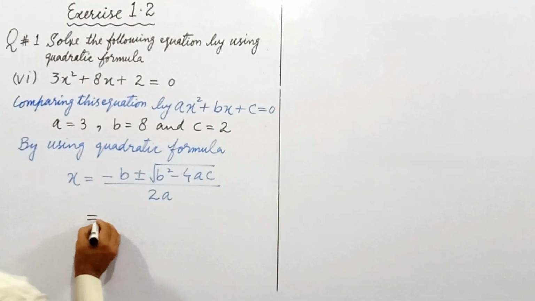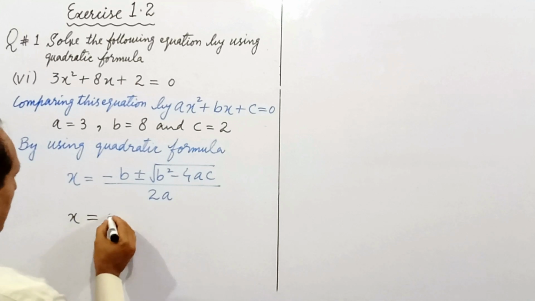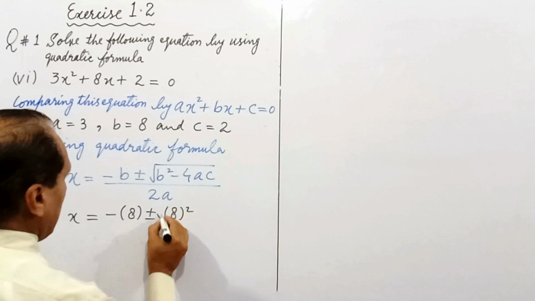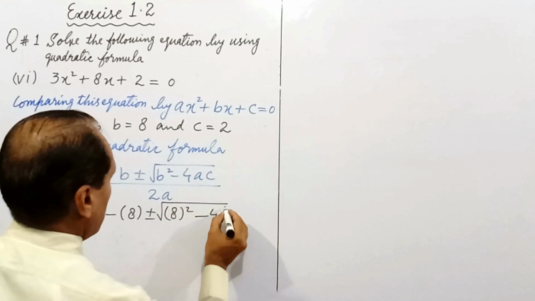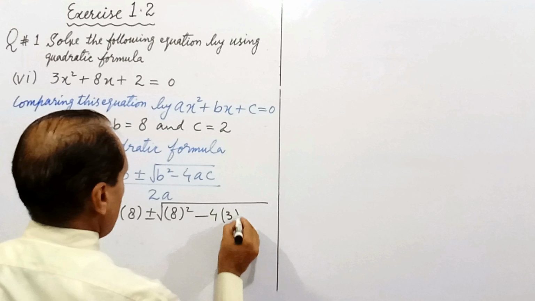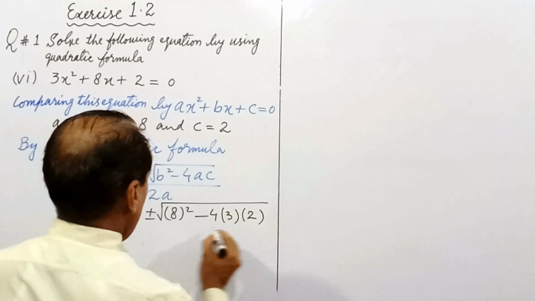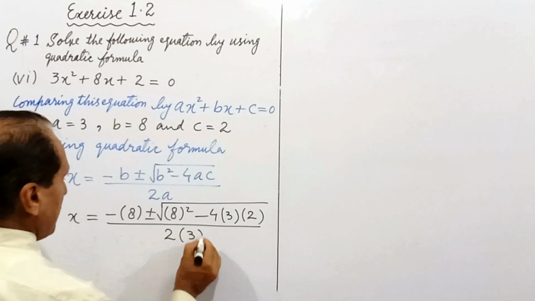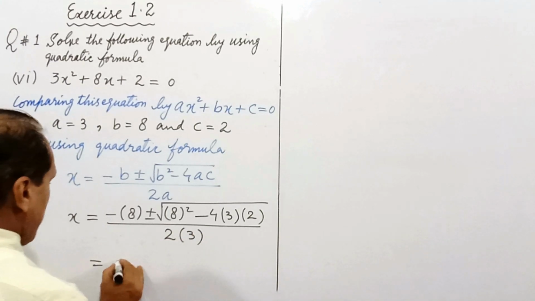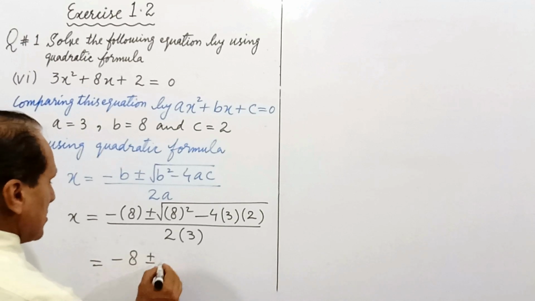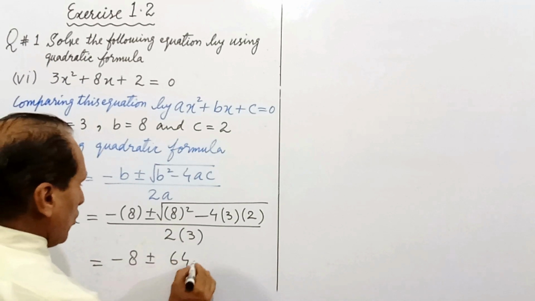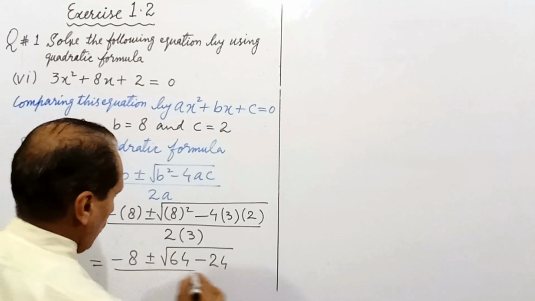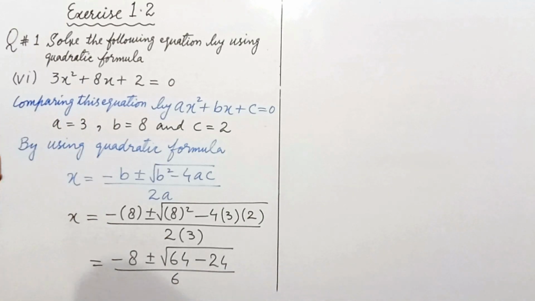We put the values minus 8 plus minus 8 square, the value of b, minus 4, the value of a is 3, value of c is 2, whole divided by 2 into value of a, which is 3. Simplify it, minus 8 plus minus 8 square is 64, minus 4 3s are 12, 2s are 24, under root over 2 3s are 6.